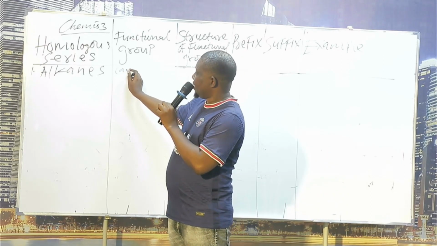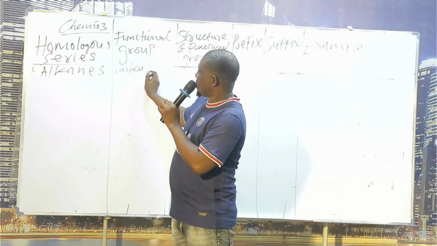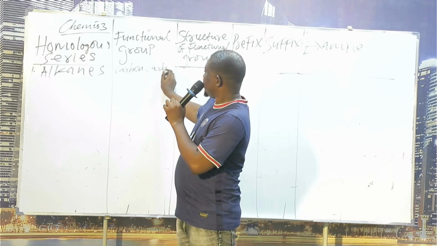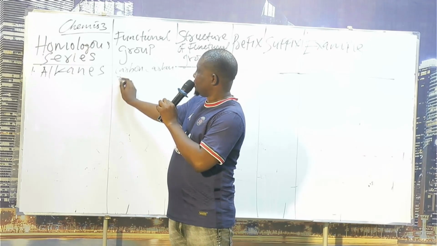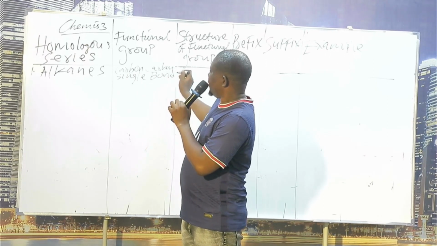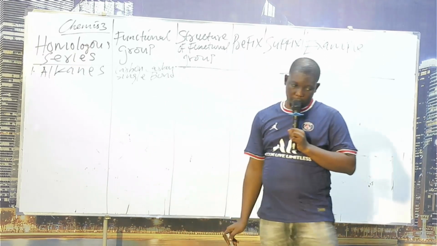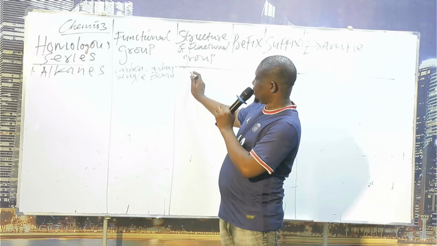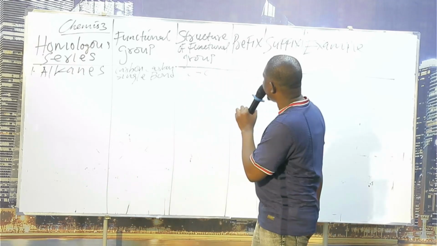You will say that it is carbon-carbon single bond. If you say single bond, it's wrong. How do you draw the structure of that carbon-carbon single bond? C-C.